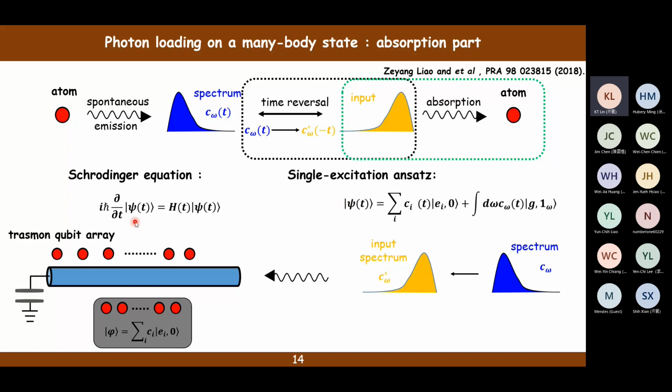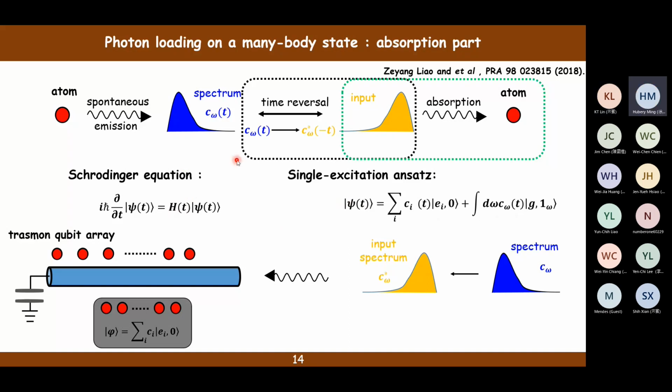The first thing is that we consider the input pulse is a single photon. And also our Hamiltonian is energy conserving. So in that sense, we can only consider the single-excitation states because the other states are decoupled from this Hamiltonian.